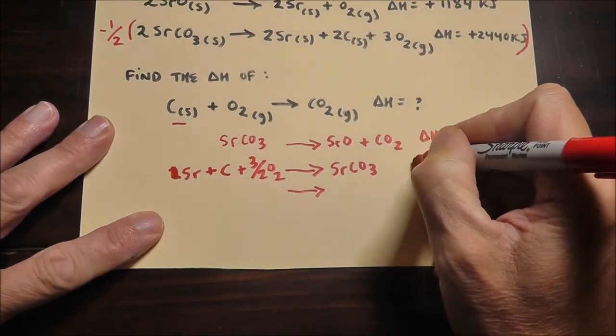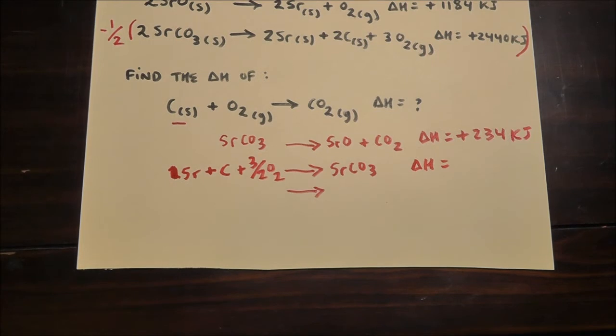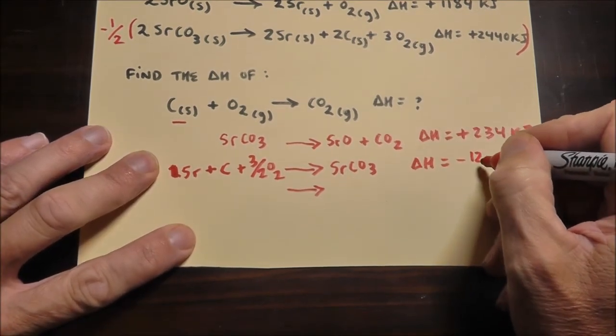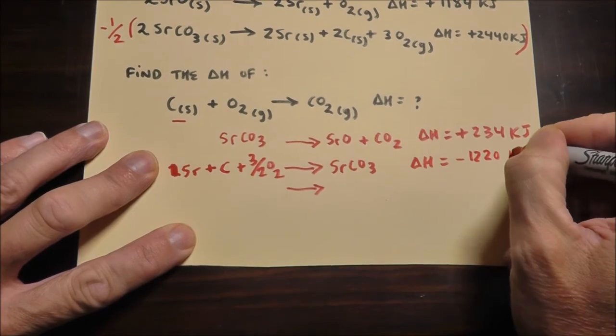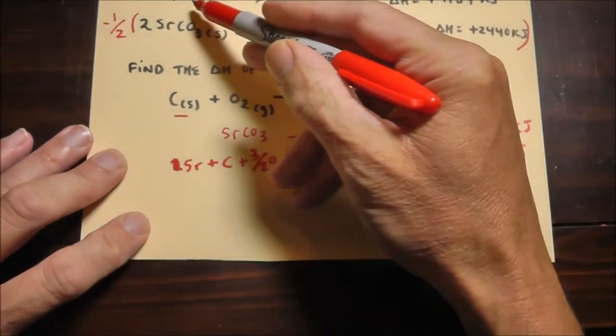And then the delta H is going to be negative, 2440 divided by 2, so minus 1220 kilojoules.